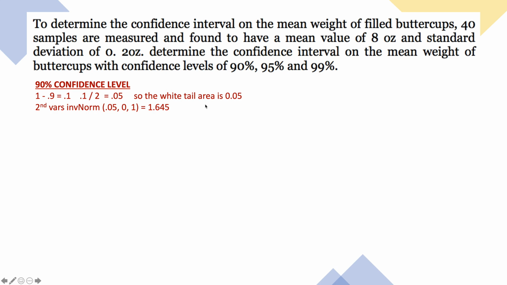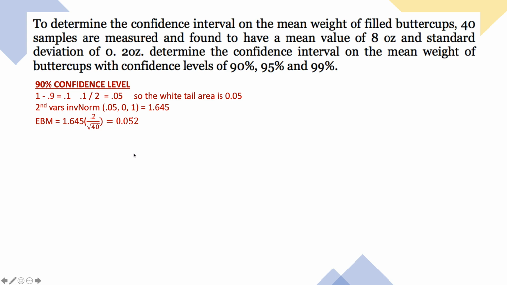Now I have to talk about my error bound. The error bound is always the answer to the second bar's inverse norm, the z-score for the area cut in half, times the standard deviation divided by the square root of the sample size. So that's 0.2 divided by the square root of 40. When I do that calculation, I get 0.052.